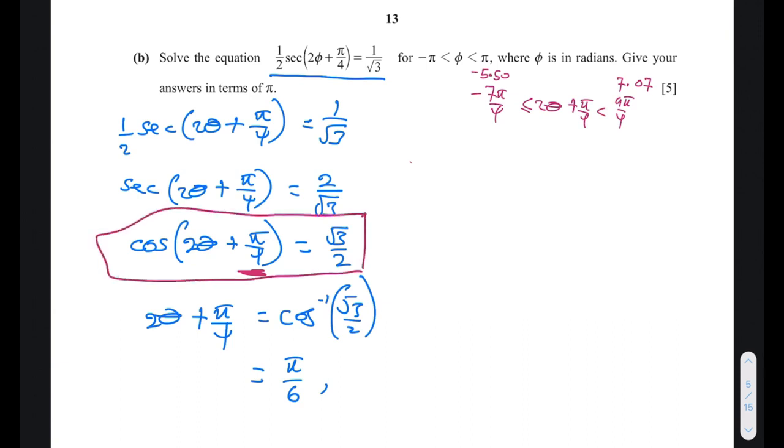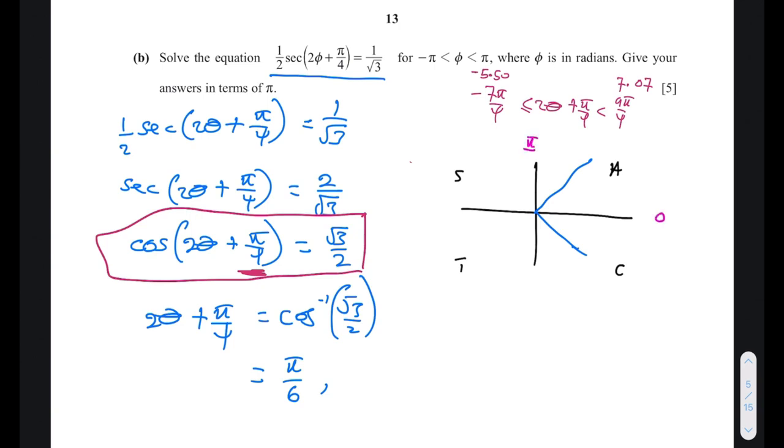Now, take a look at this. Cos of whatever is in here is giving us a positive. So let's get our CAST. Cos is positive. That means that the angle must be in this region or in that region, because the A means all are positive, and the C means only cos is positive. Now let's calibrate it.